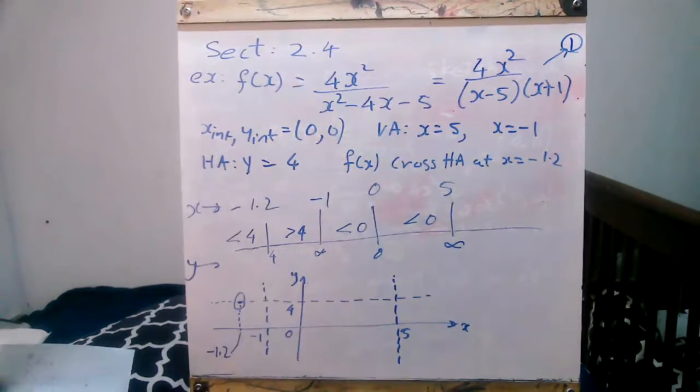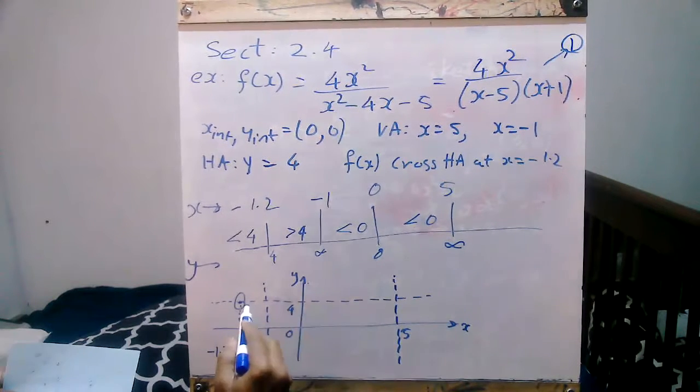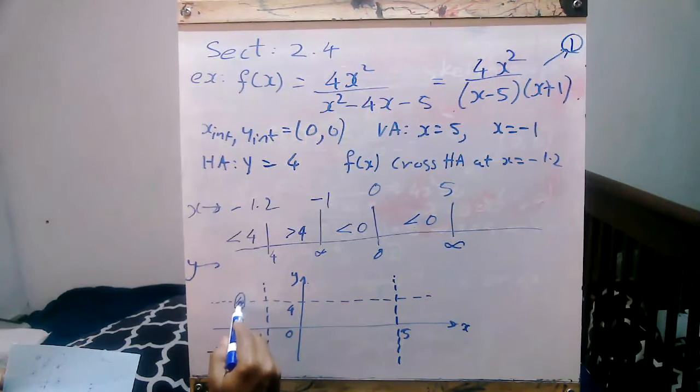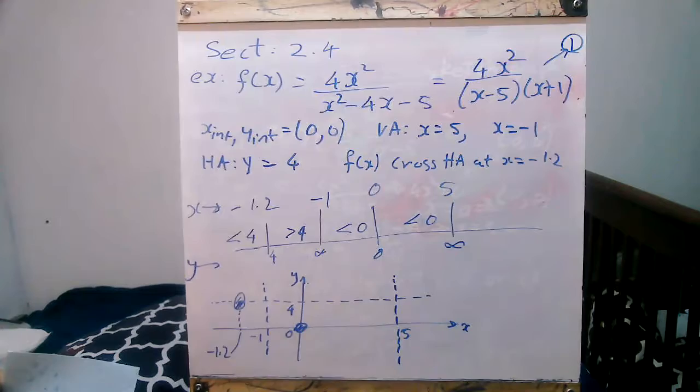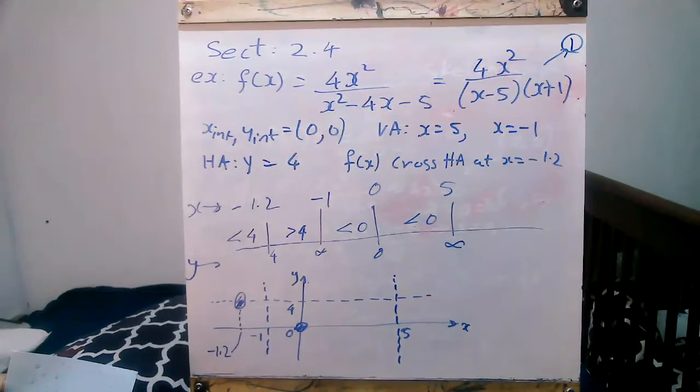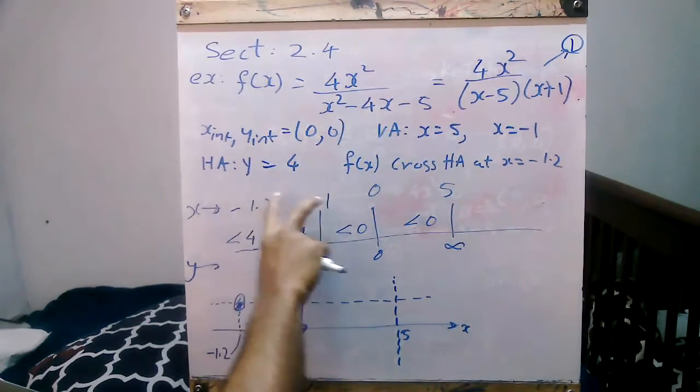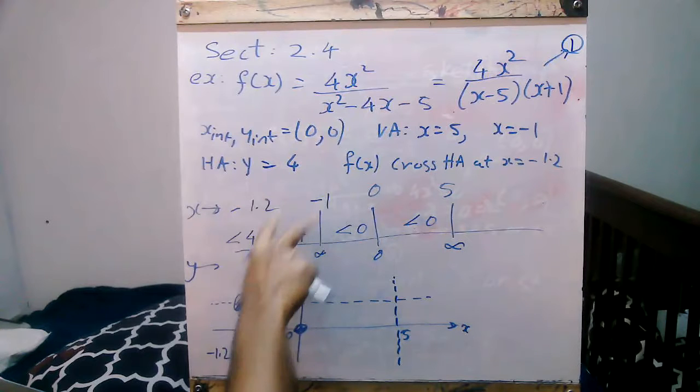The graph should go through this point. The x-intercept and y-intercept are both the same, so it should go through this point. Now this is all we know. The rest we get from the checkpoints.